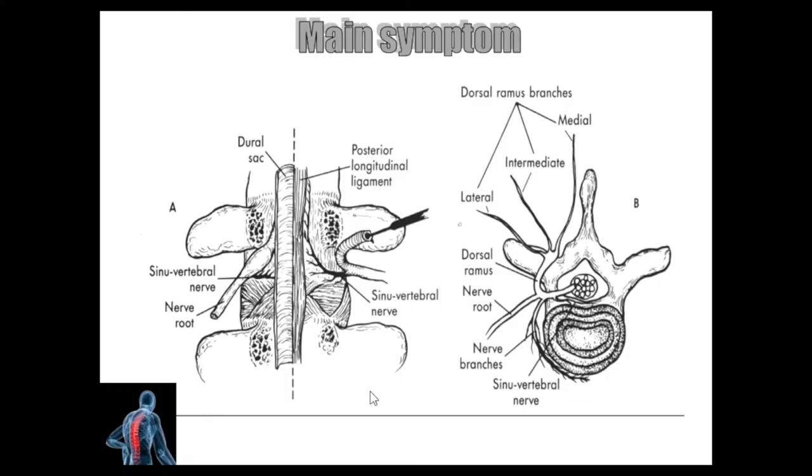Right here, you can see the so-called Luschka nerve, or sinovertebral nerve. It's located right here. It is a branch from the spinal nerve, which innervates the anterior longitudinal ligament, the posterior longitudinal ligament, the fibrotic part of the disc, and actually the yellow ligament as well.